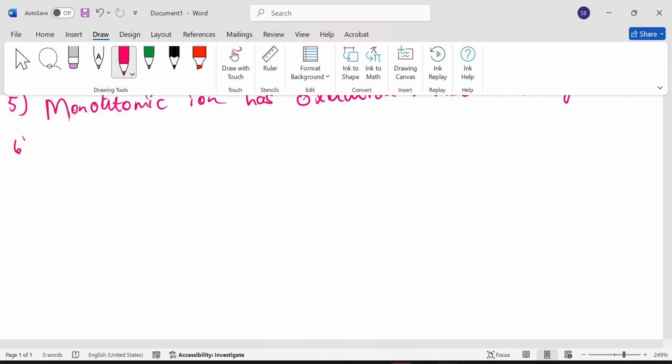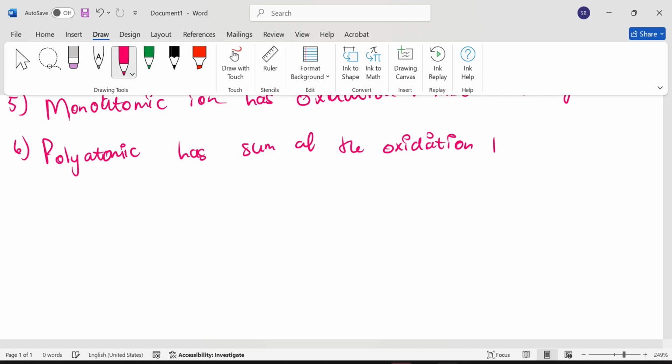Okay. Then number 6 basically tells us about polyatomic ions. A polyatomic ion has the sum of the oxidation numbers equal to the charge.